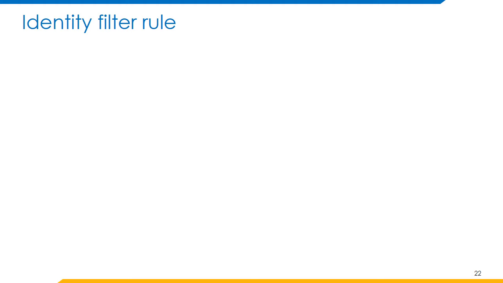Sometimes we may need that a particular group of people should have one password policy and other group of people should have more stringent password policy. To differentiate such groups, we can use identity filter rule.